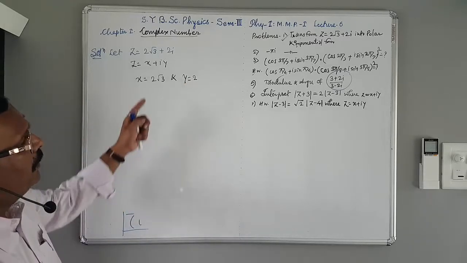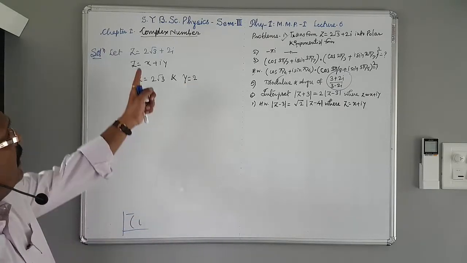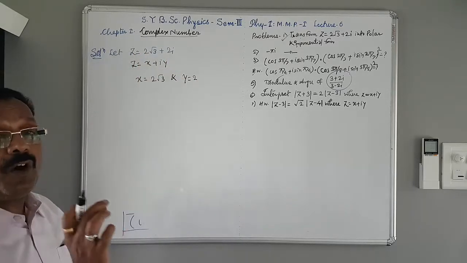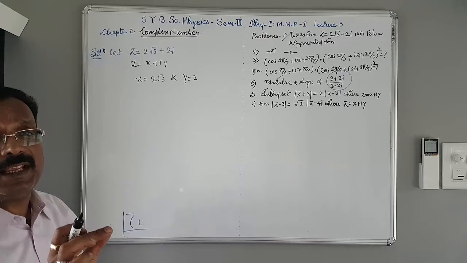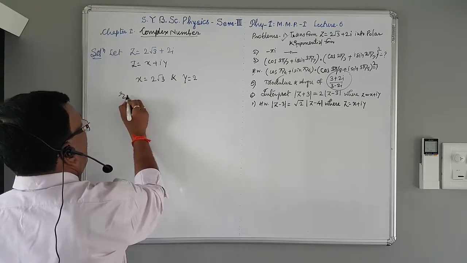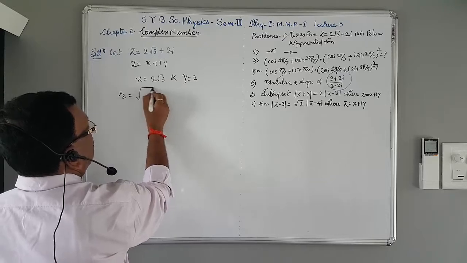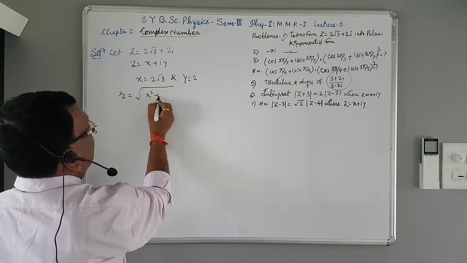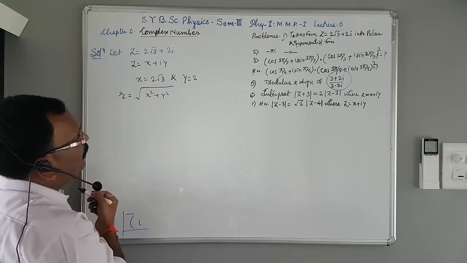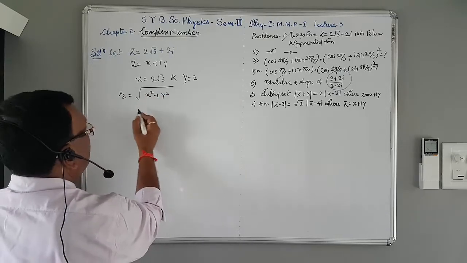Now, in order to transform this rectangular form of the complex number into polar form, we have to obtain the modulus r and the phase angle theta.